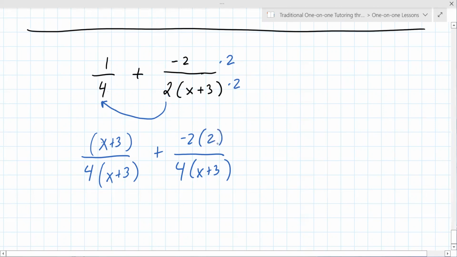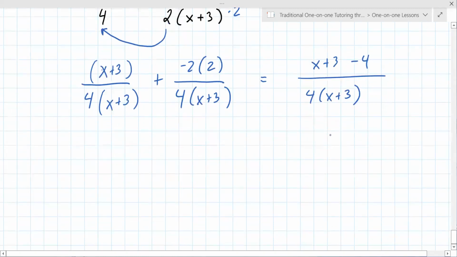Yes, okay, good. All right. So this becomes x plus 3 minus 4 on top, or x minus 1 over 4 times x plus 3.